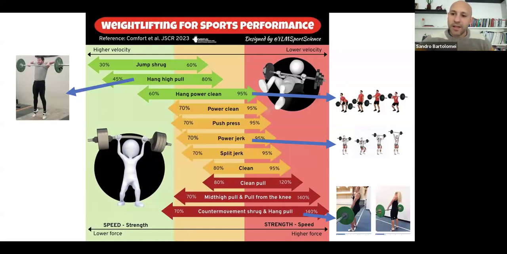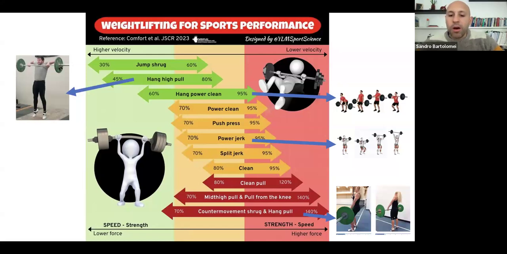However, these different exercises can be located in a different position in the continuum between speed strength, so explosive strength but with more focus on speed, compared to strength speed, so explosive strength with more focus on strength, so at higher loads. So based upon the exercise that is used, the effect also may be different. For example, power jerk can be performed both for speed strength and for strength speed.